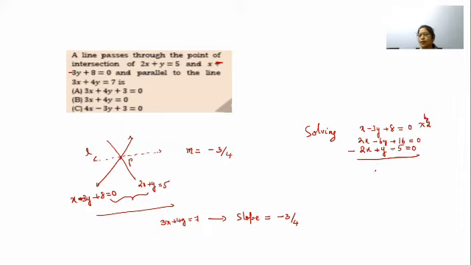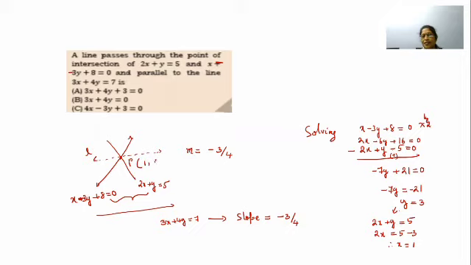So x and x will go, you get minus 7y, and this becomes plus 21 is equal to 0. So minus 7y is equal to minus 21, which gives y is equal to 3. So we shall substitute this in one of the equations. If we substitute in 2x plus y is equal to 5, you get 2x is equal to 5 minus 3. Y is 3, so what should be x? X is equal to 1. So the point P has the coordinates 1, 3.